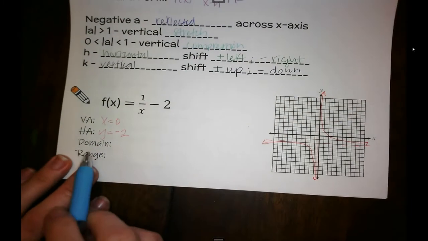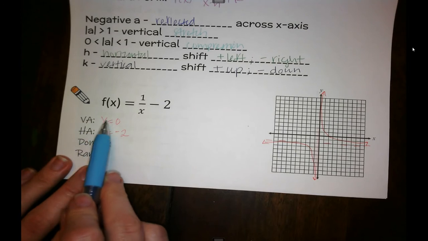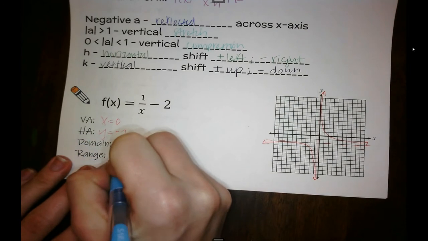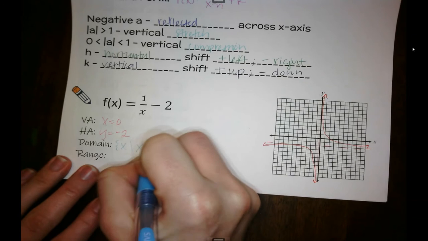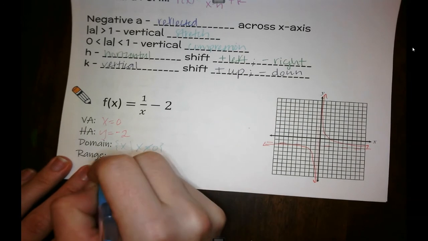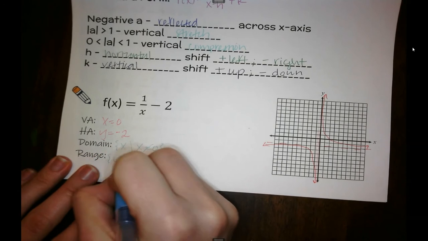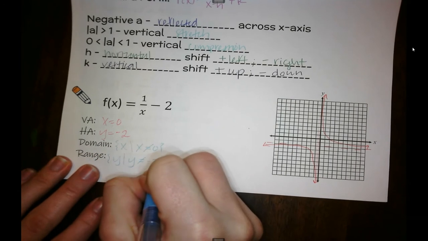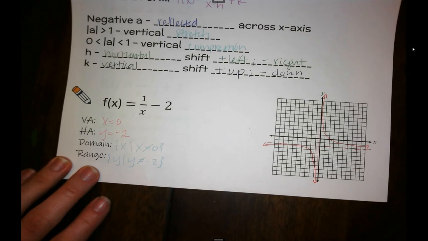So if our vertical asymptote is x equals 0, that means our domain is x does not equal 0. And if our horizontal asymptote is at y equals negative 2, then our range is y does not equal negative 2. Okay, you see how those are correlated? So we only have to figure out one to figure out the other.